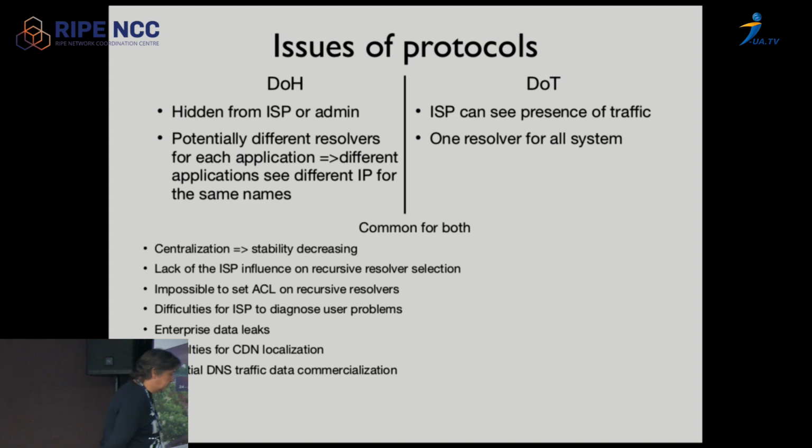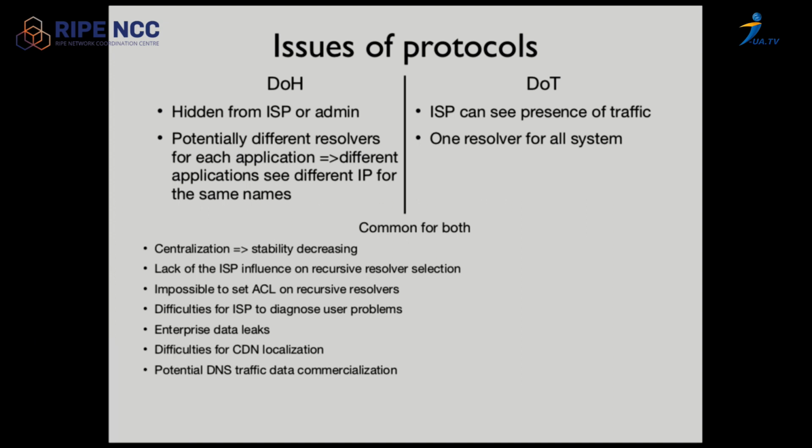And this way we are not using the DNS that is provided in the system, but we are using the DNS which is specified in the browser. And the result of this is that each application has its own recursive resolver.